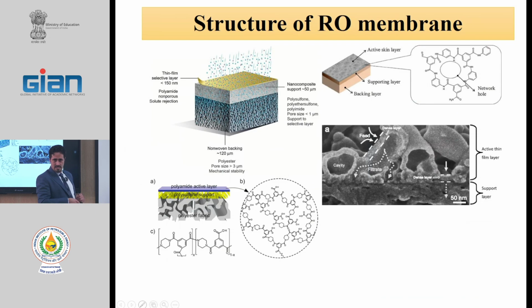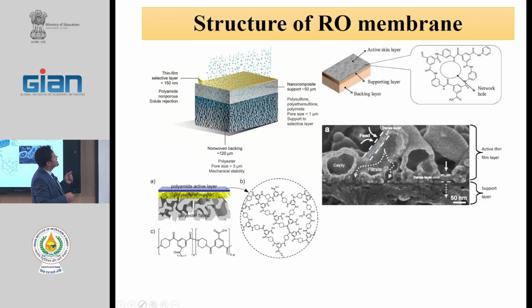If we increase the thickness, for example, to 1,500 nanometers, a 10 times increase, we will have no permeate because the diffusion is very, very low, and therefore we must prepare a very thin layer.